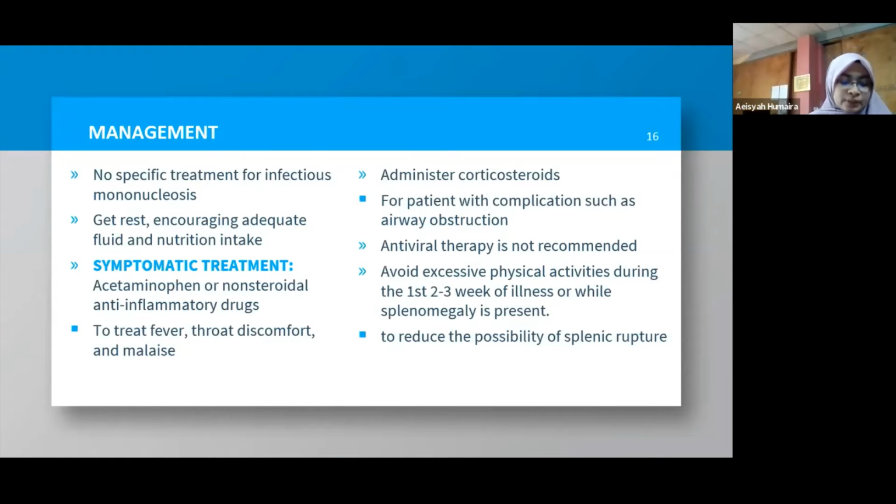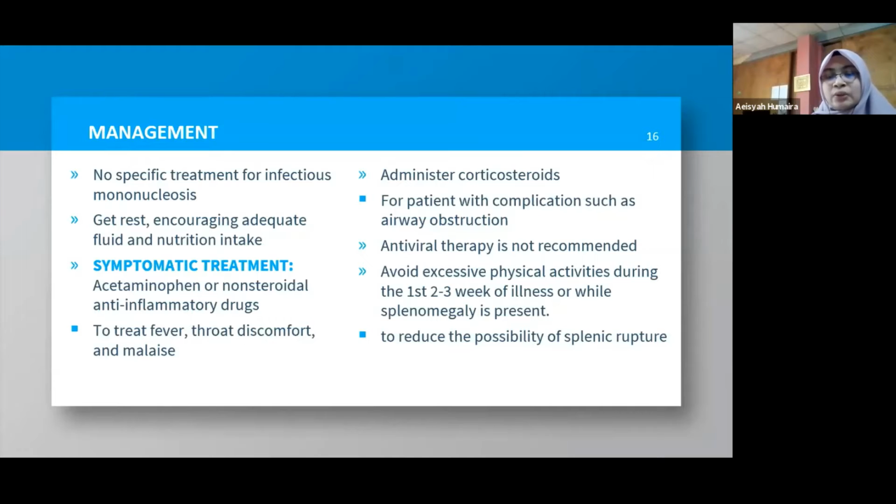For management, Epstein-Barr virus rarely requires more than supportive therapy. There is no specific treatment for infectious mononucleosis. Patients are encouraged to get rest and take adequate fluid and nutrition. For symptomatic treatment, we can give an antipyretic such as acetaminophen, or a non-steroidal anti-inflammatory drug, to treat fever, throat discomfort, and malaise.